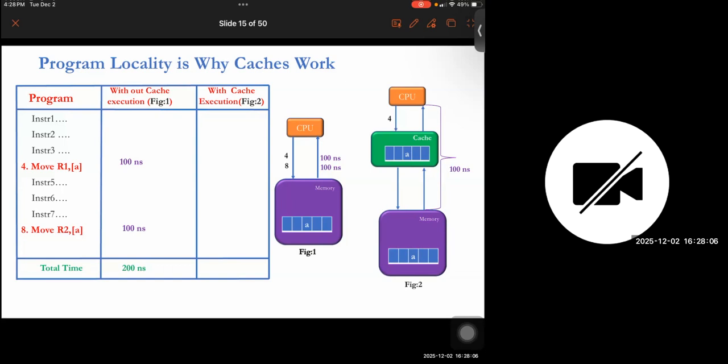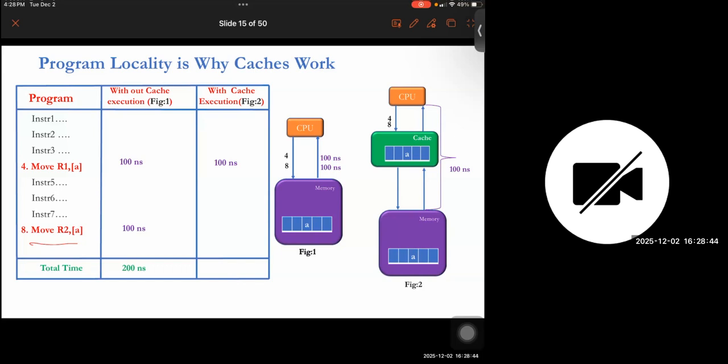While executing the eighth instruction, the same piece of value A is moved into the R2 register. For the eighth instruction, it first searches the cache memory, and that piece of data is readily available, so it is transferred to the CPU.